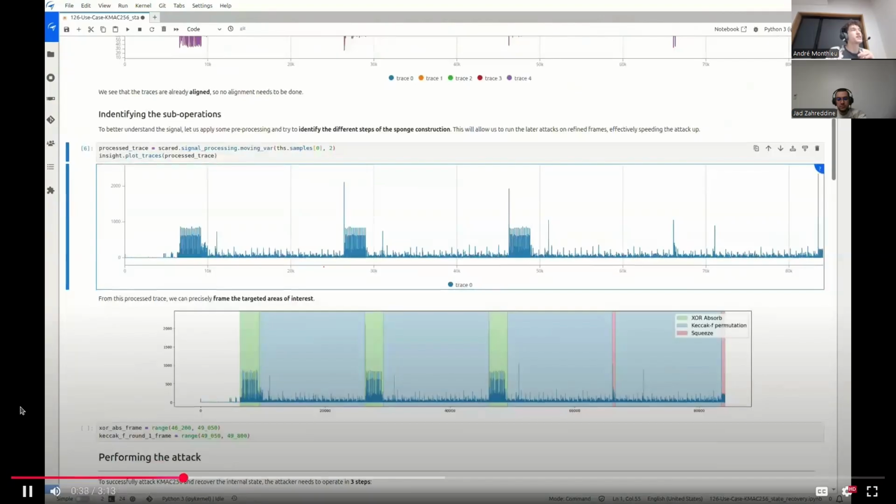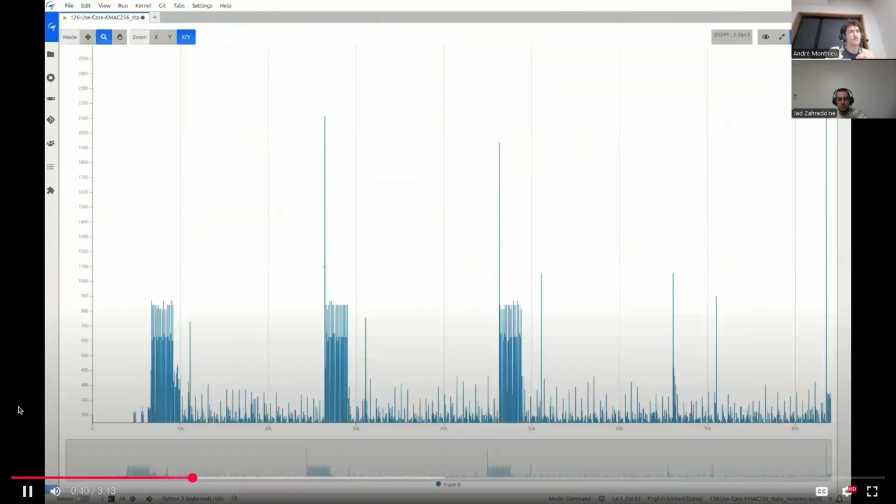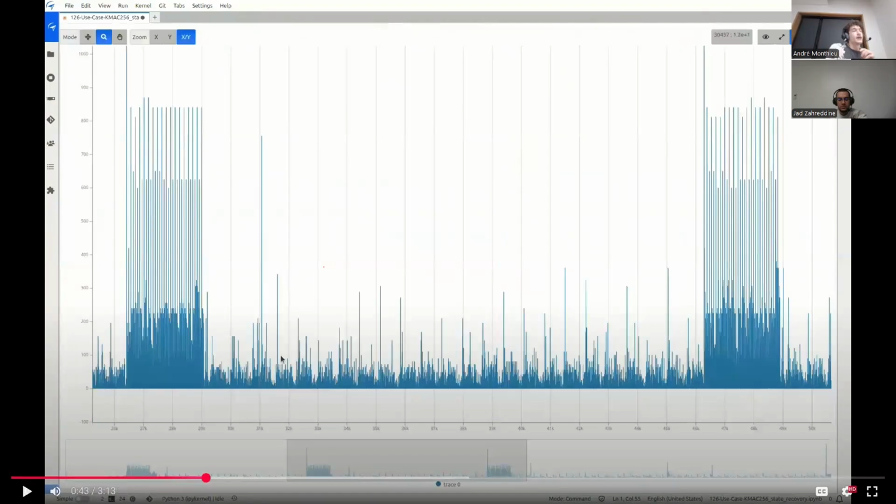So let us zoom in a little bit on the Keccak F permutation. You can see here, if you squint your eyes enough, a little pattern that is actually being repeated here, here, here, and so on. And if you count them, you're going to see there are 24.